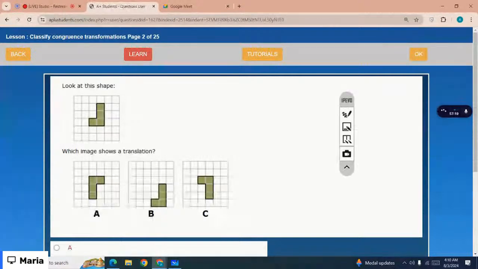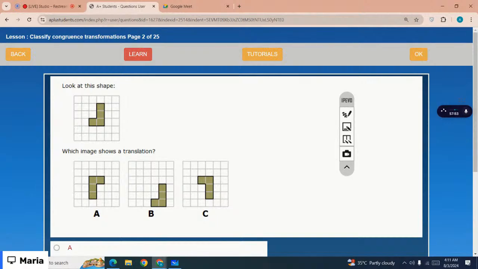Look at this shape. Which image shows a translation? So which is the correct option? So you have to see which one is the translation.